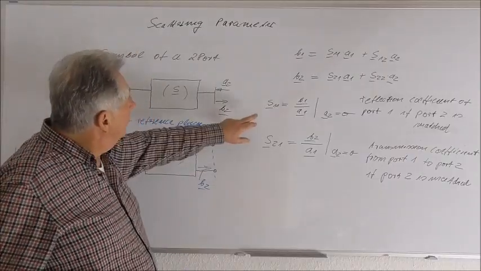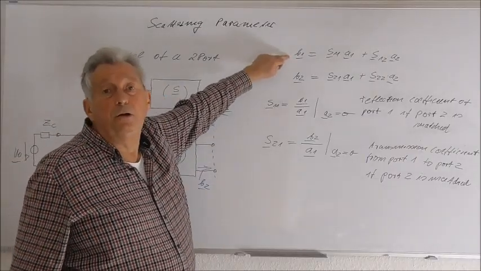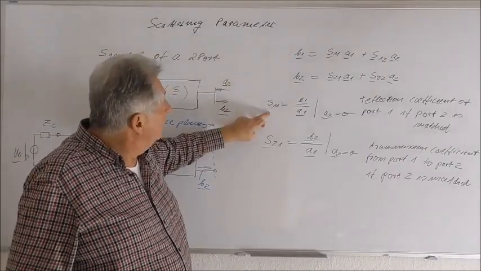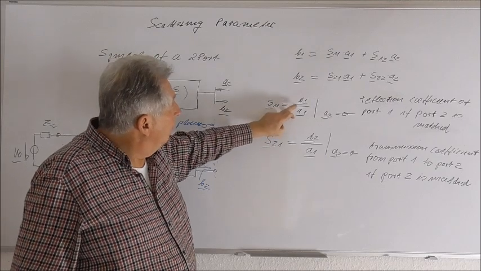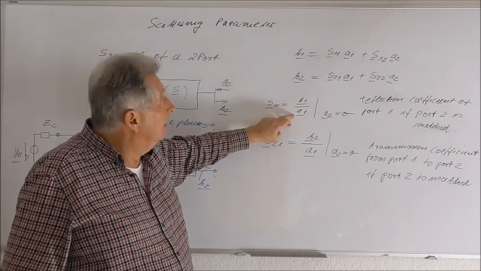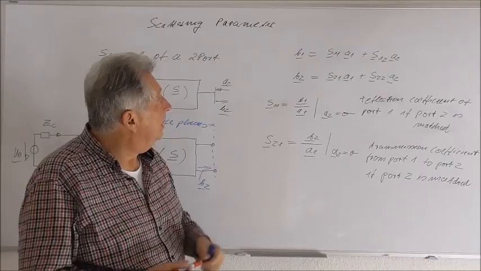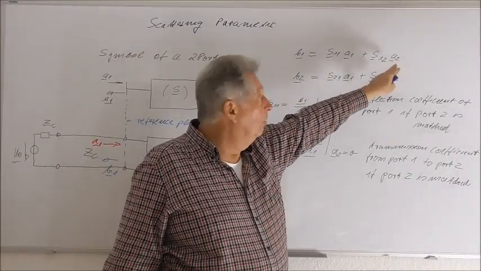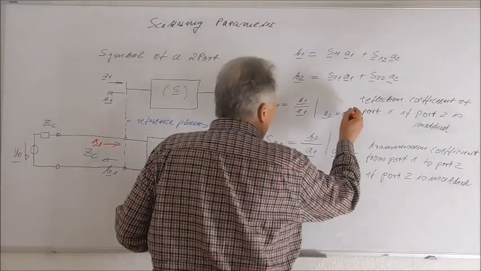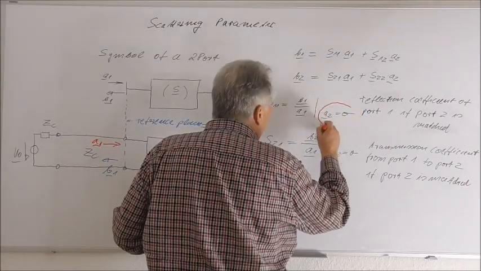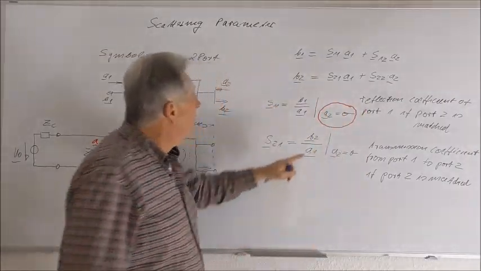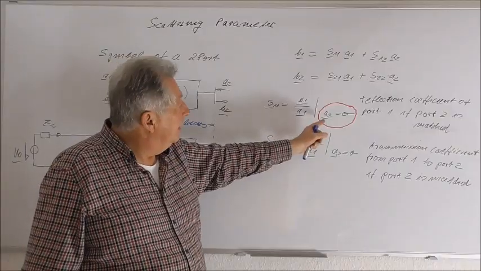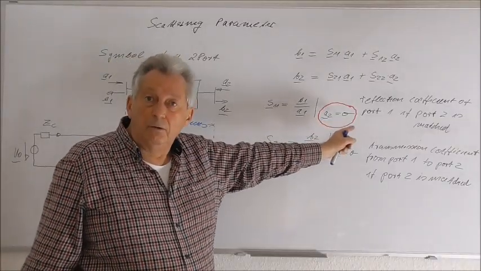You see that using this equation, I can calculate S11 as B1 divided by A1. But this is only the case if A2 is 0. So this is a very important point now. Here we must ensure that A2 is 0.